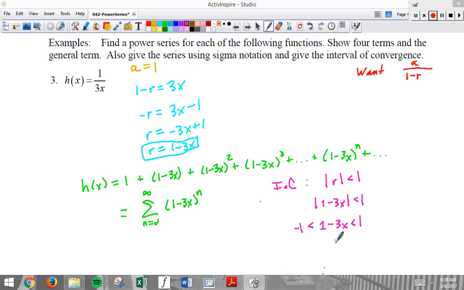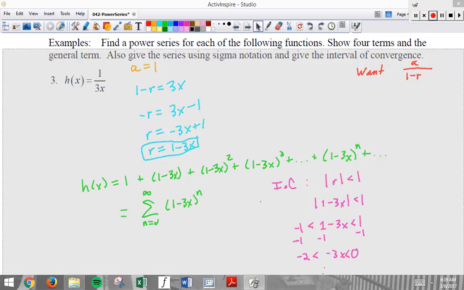When I did this with BC 2 years ago, people freaked out. They haven't seen this in so long. Subtract 1 from all three sides. Negative 2, and 0.